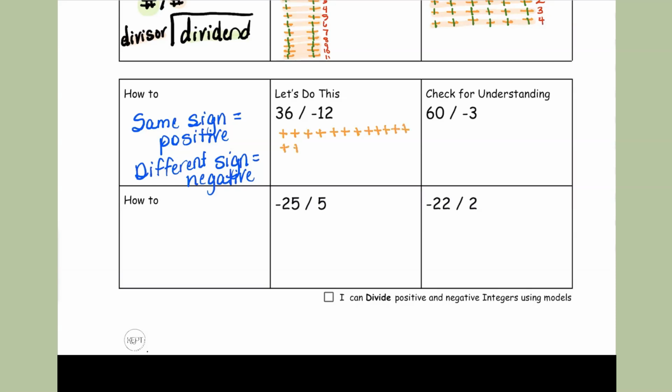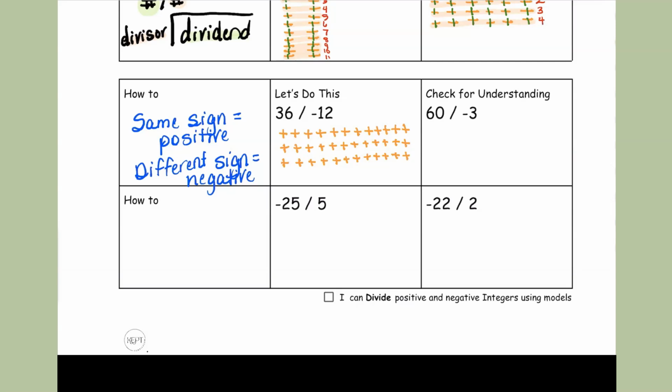Starting with this problem here, 36 divided by -12 means that I start with my dividend and draw 36 positive markers. Once I have 36 positive markers, then I separate those 36 out into 12 groups.